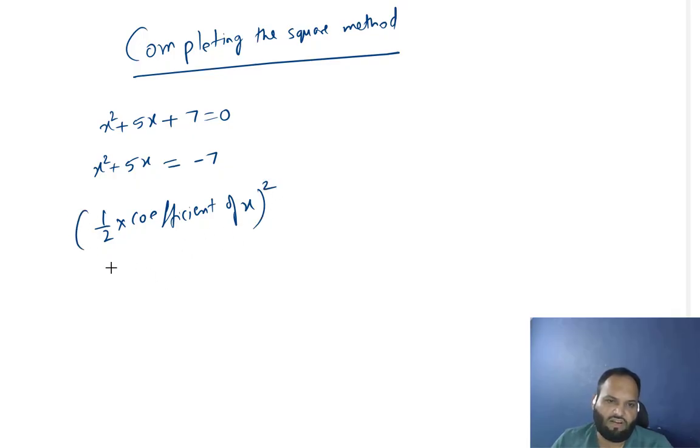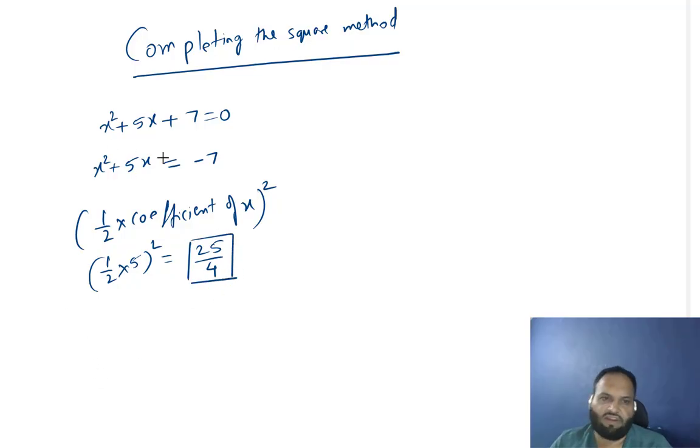So it will be half multiplied by 5 whole square, which is 25 divided by 4. This is my factor that will make it complete square. So what I will do is I will add it on both sides. x square plus 5x plus 25 over 4 is equal to negative 7 plus 25 over 4.